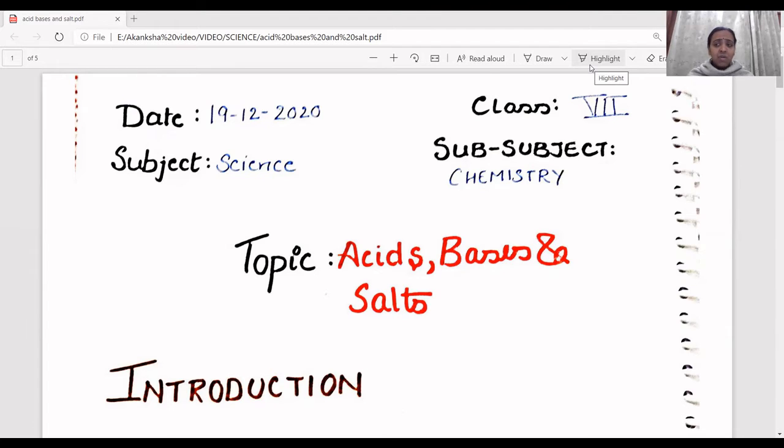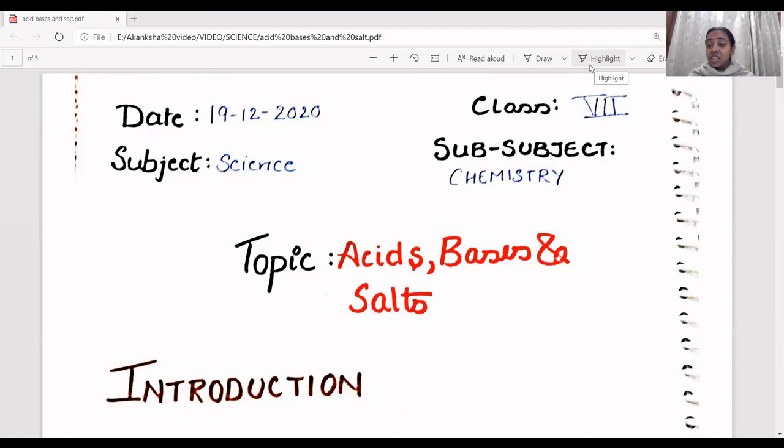Now, let's understand what an acid is or what a base is. When we say acid, the thing that should come into your mind is sour. You know that citrus effect, like lemon. When you squeeze a lemon, it tastes a little sour, right?